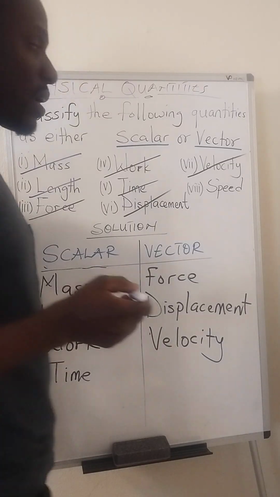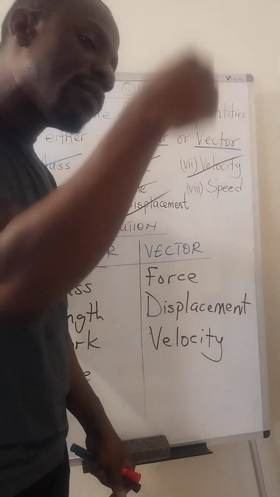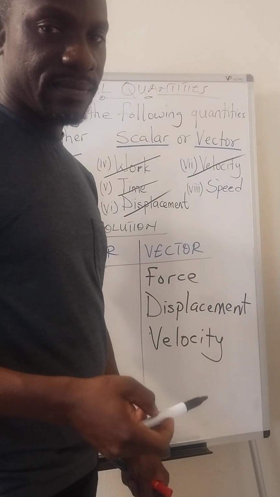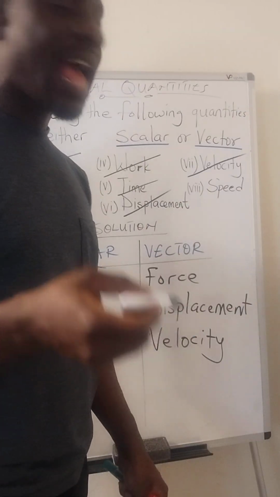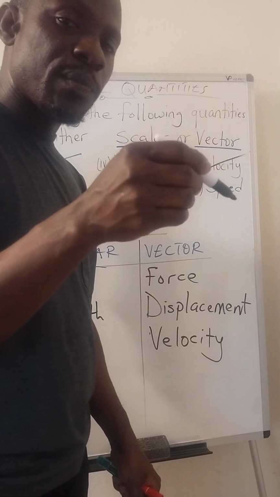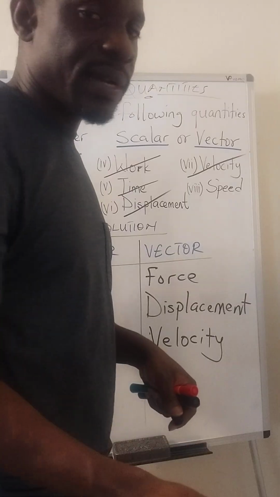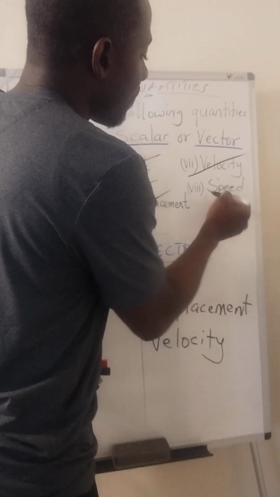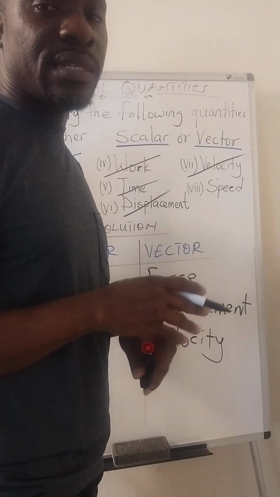Then we have the last one. Now, velocity is the time rate of change of displacement, right? And we said that velocity is also defined as displacement or distance moved, or the length of interval between 2 points in a specified direction divided by the time. However, velocity and speed have the same characteristics.